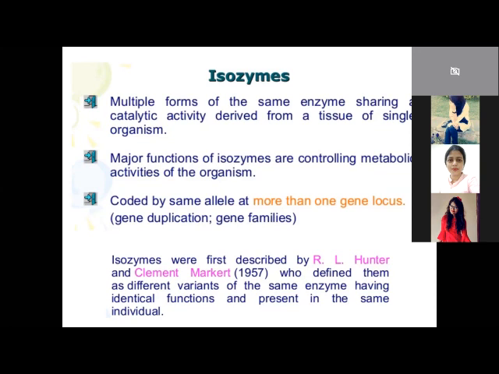But they are present on two different genes, two different gene loci. Both forms are present in the same individual with identical function, meaning the same catalytic activity, but they are coded by two different loci. Is it clear? So that's why they are known as isozymes.